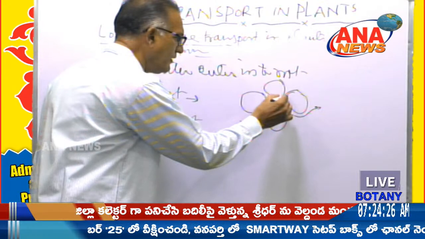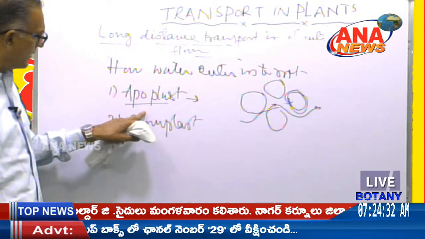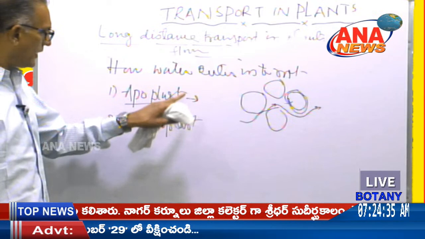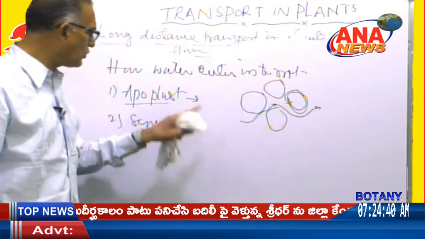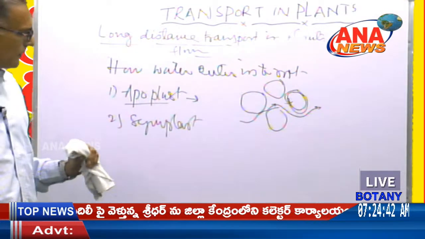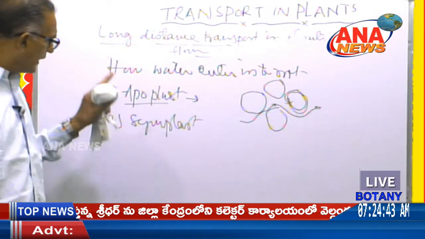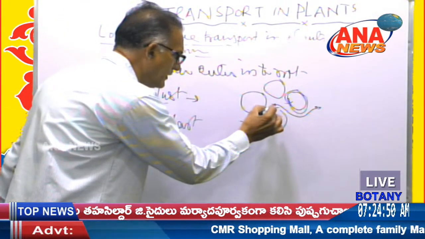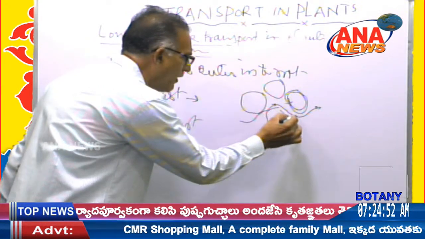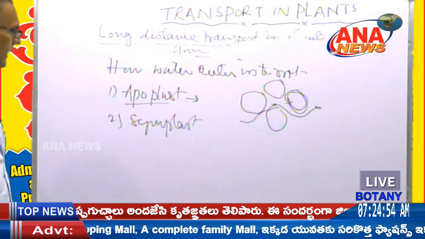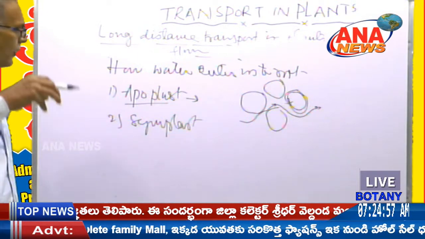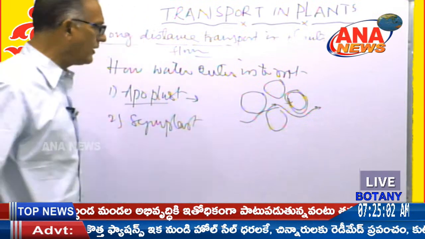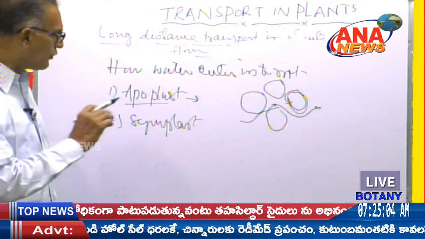In the apoplast system, it is continuous with the cell walls throughout the root. So in the apoplastic system, the water moves through the intercellular spaces along with the cell walls. The water does not pass across the membrane, not through the cells, but outside the cell.